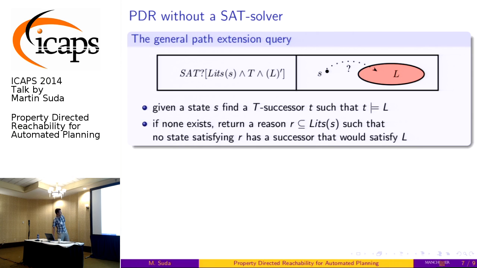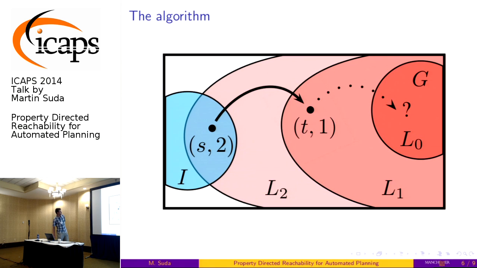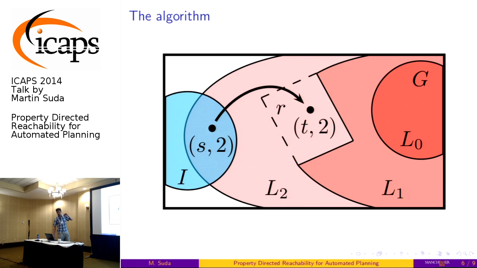What it means in the picture is that if I discover that this state T doesn't have an immediate successor that will be a goal state, I will take the subset of literals which describe the state T, and I'll call it a reason, and this reason describes a larger set of states which all share the property that they cannot reach the goal in 1 step. I negate the reason.